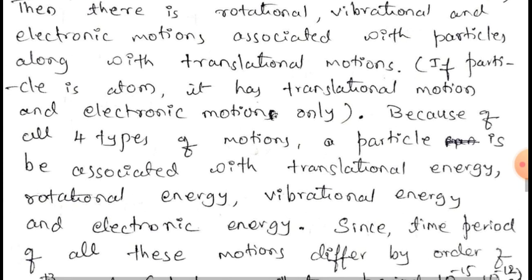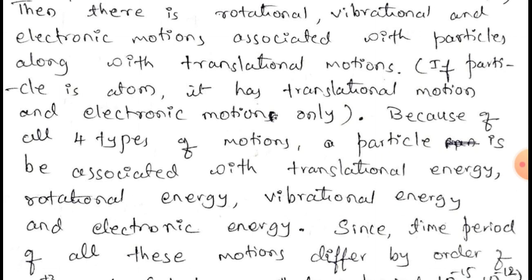And every particle contains atoms. Because of that, there is a possibility of electronic motion also. If we supply energy, the particles will absorb energy that is imparted to electrons, and the electron may jump to a higher energy state and come back. So these electronic motions are possible with all the particles because ultimately they are atoms.